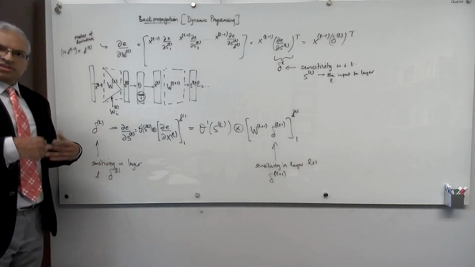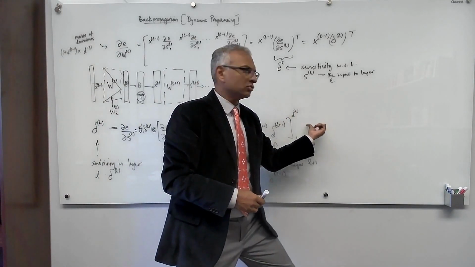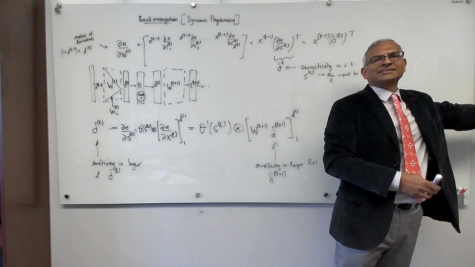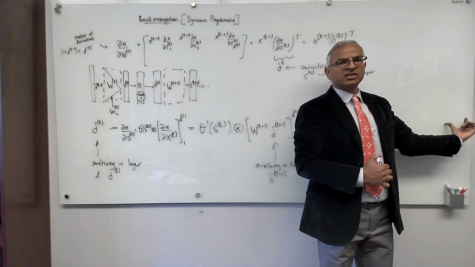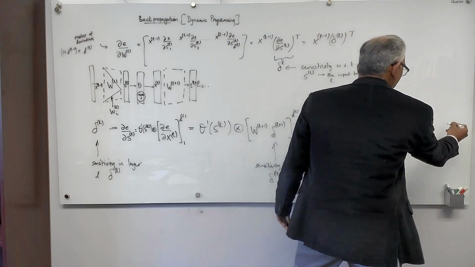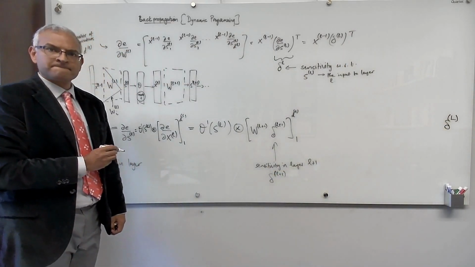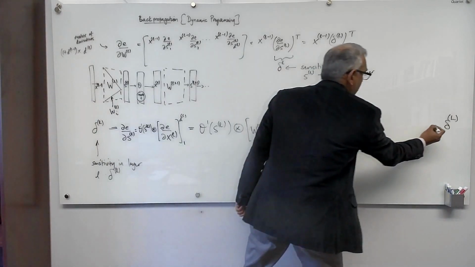Okay. So let's continue that logic. The sensitivity in layer L plus 1 will be related to L plus 2, L plus 2 will be related to L plus 3, L plus 3 will be related to L plus 4, and so on up to the final layer. If I can compute the sensitivity in the final layer, delta L, then this equation tells me what delta L minus 1 is.